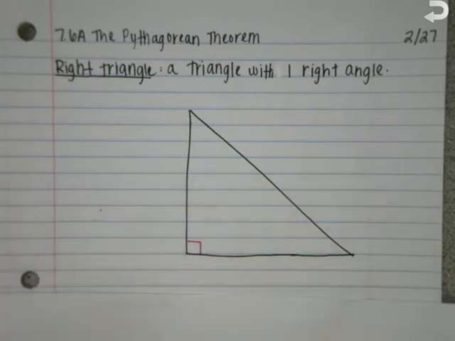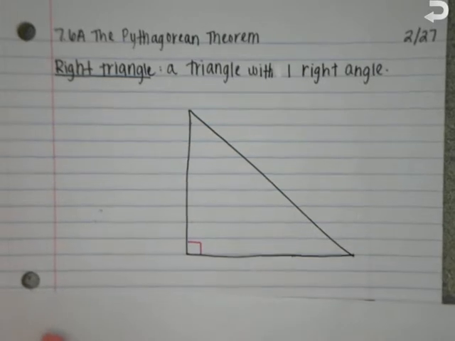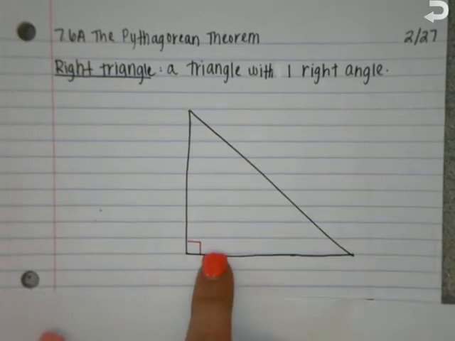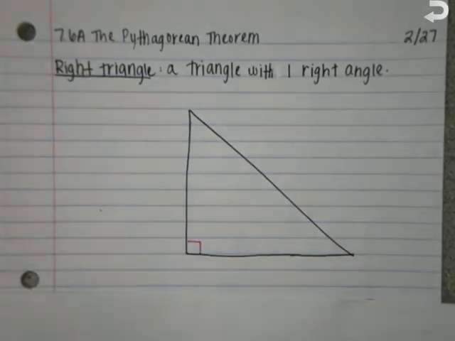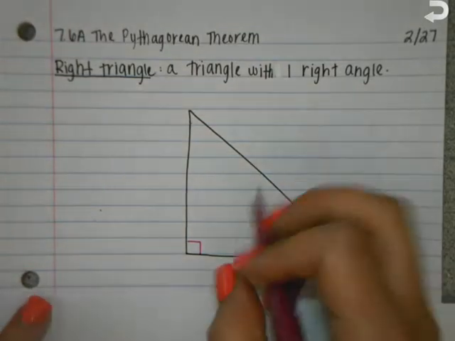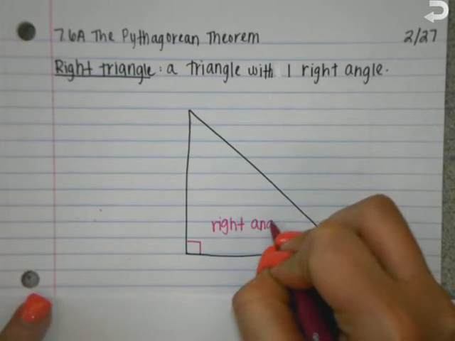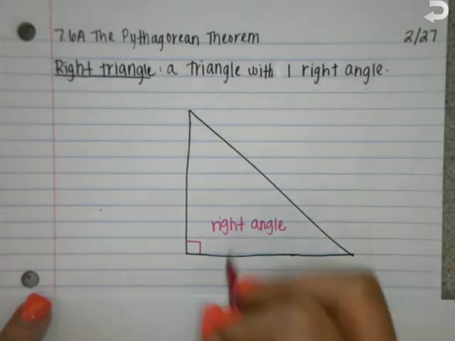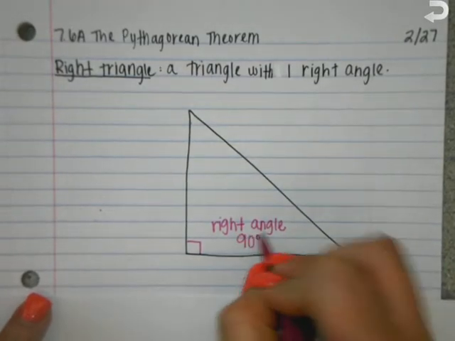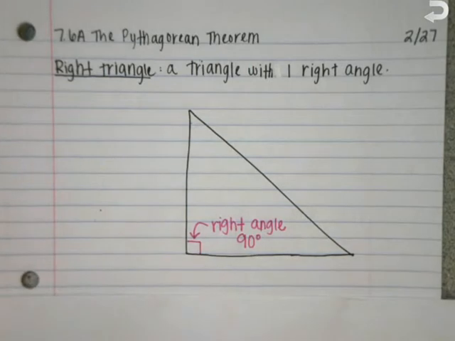Okay, so the Pythagorean theorem only applies to right triangles. So I drew a nice big right triangle. We can assume that this is a right triangle. Why? Because it has a little box, which means that it is what? 90 degrees. So let's write that. Right angle, which means it is 90 degrees. That's what the box means. Okay?